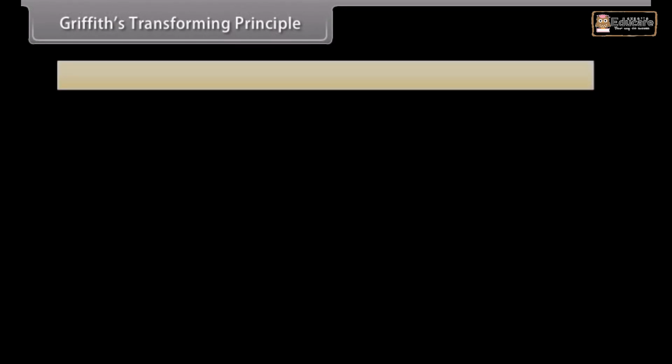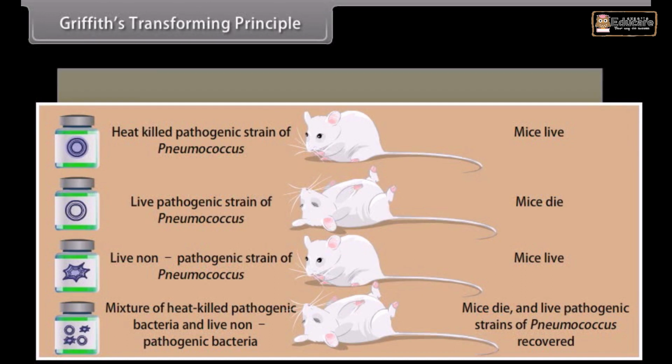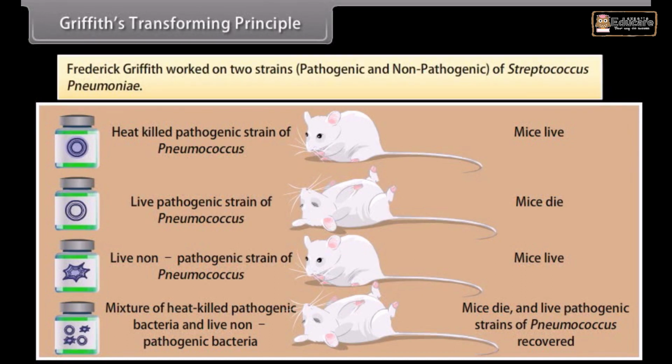Griffith's transforming principle. The discovery of the genetic role of DNA began with research by Frederick Griffith in 1928. Griffith worked on two strains, pathogenic and non-pathogenic, of Streptococcus pneumoniae.